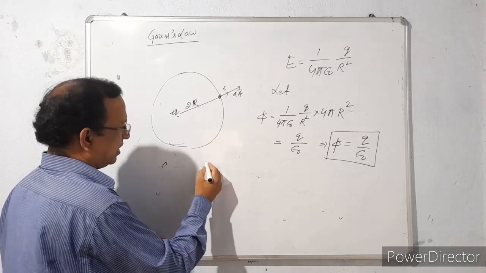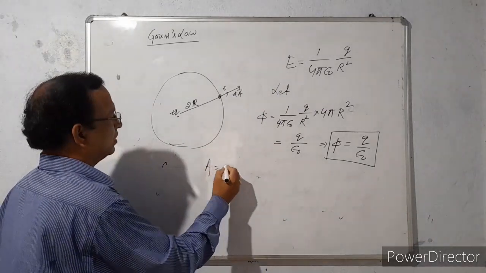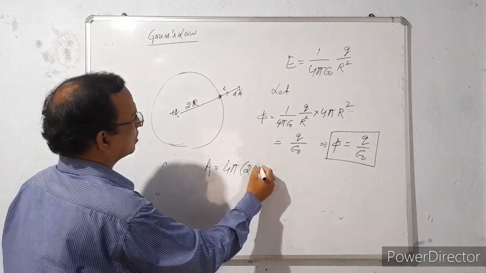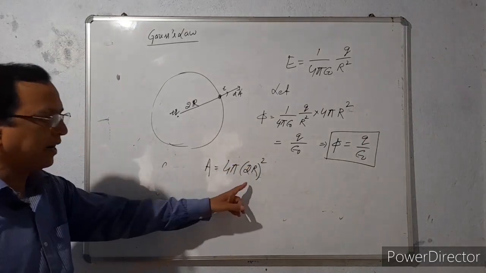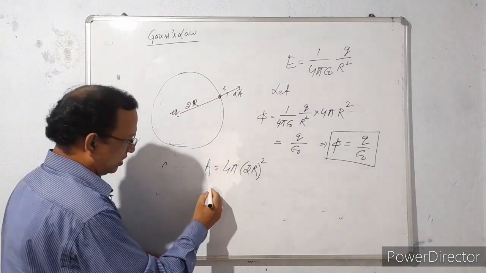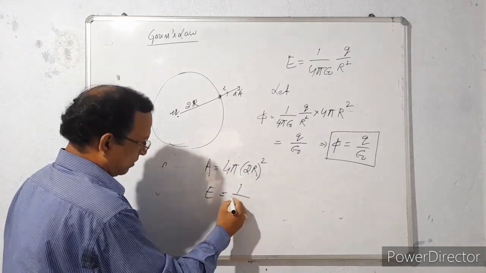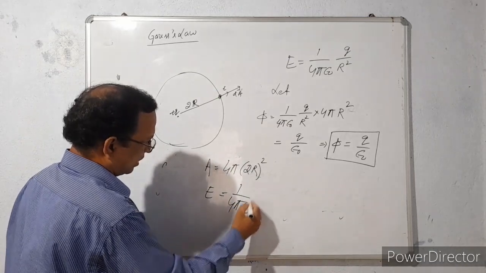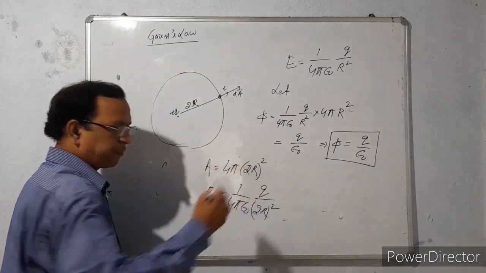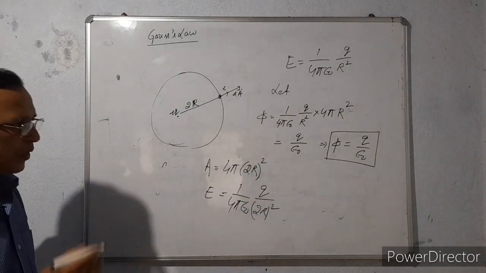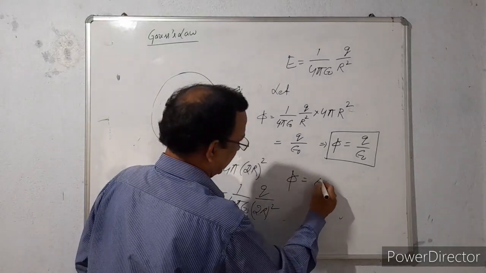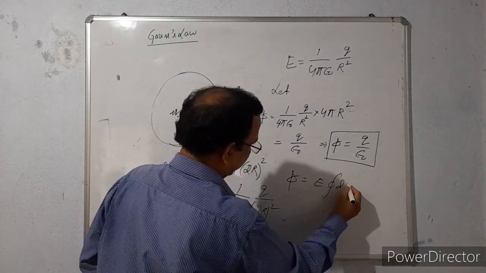So surface area, 4 pi (2r) square. So that means A is equal to 4 pi (2r) square, the surface area. Then what is your E? 1 by 4 pi epsilon naught q by (2r) square. So what is your flux? Phi is equal to integral of E dA.